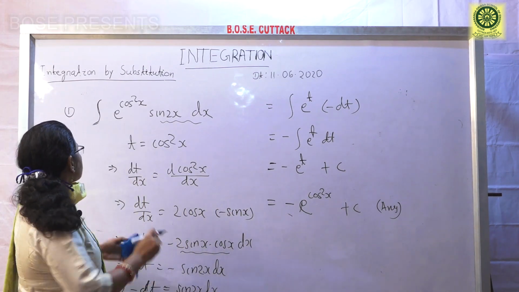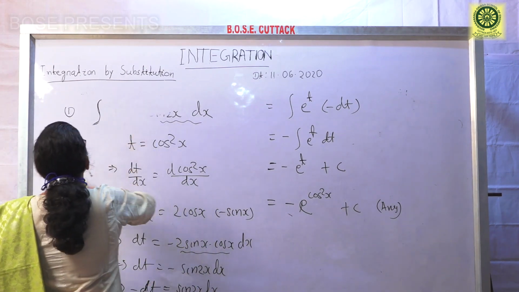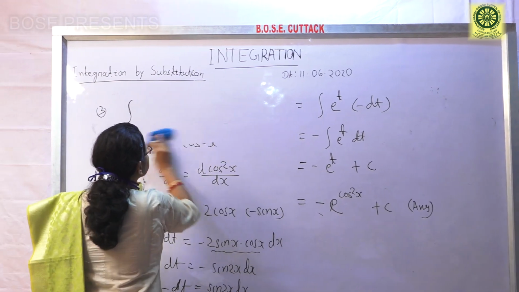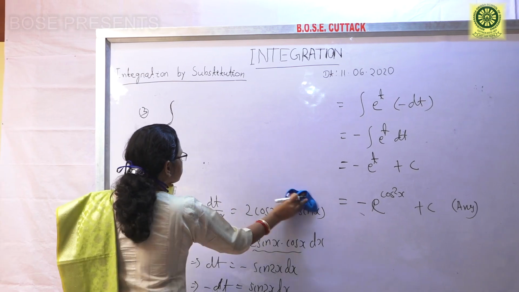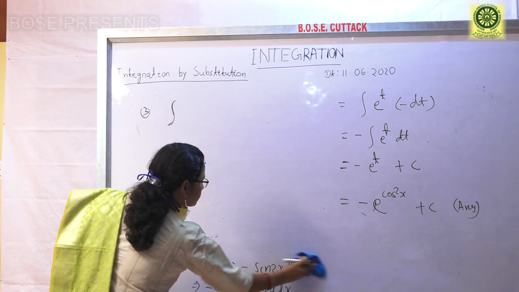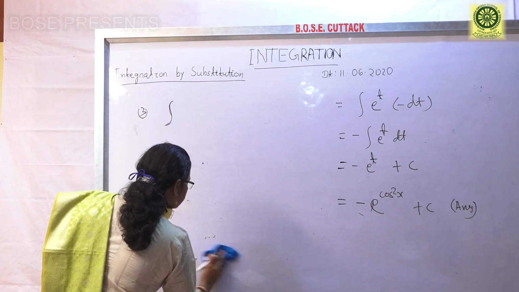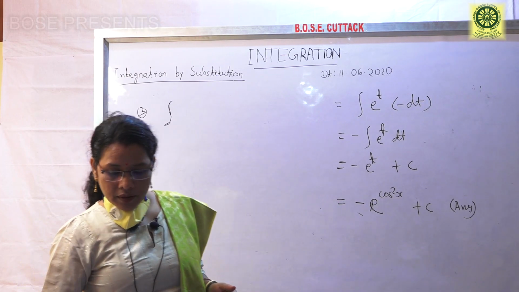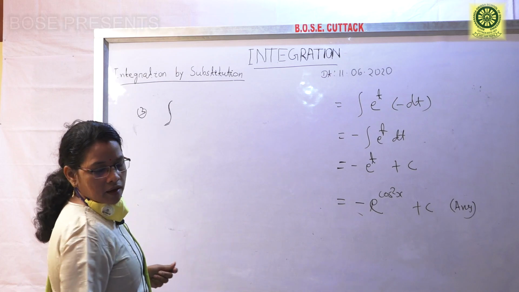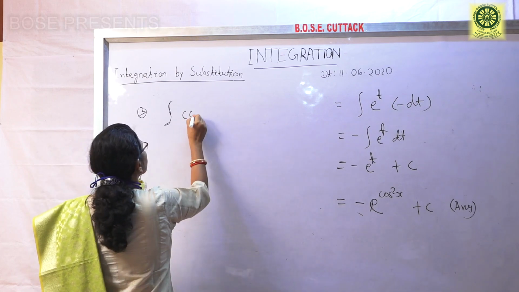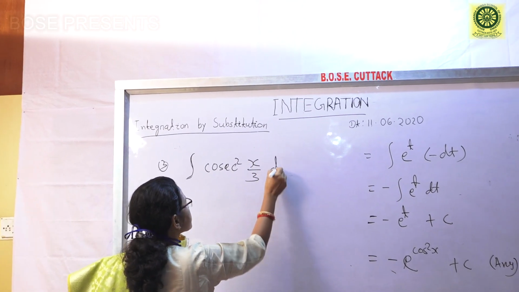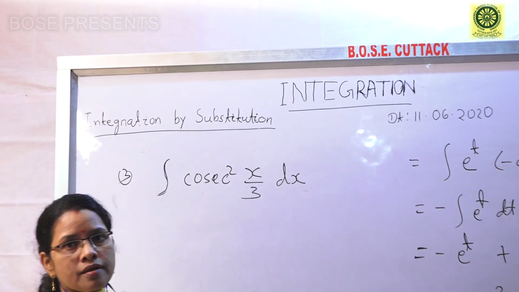Now come to the next problem. That is integral of cosec square x by 3 with respect to x.